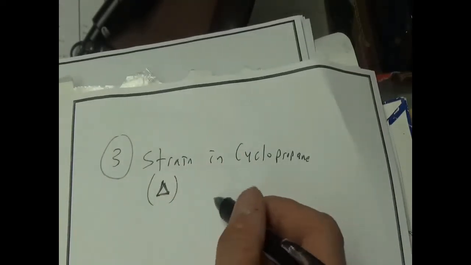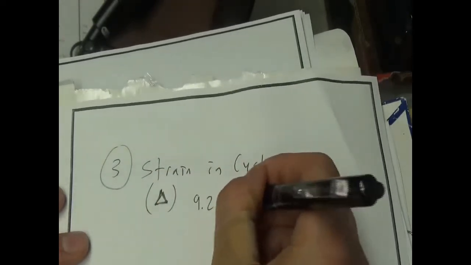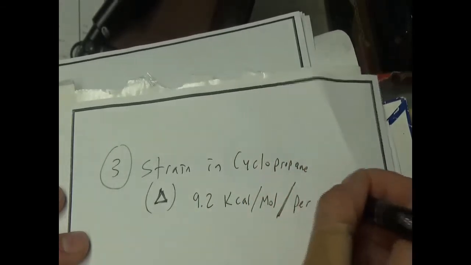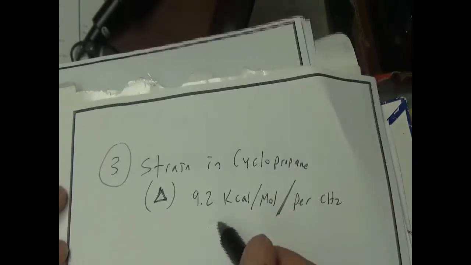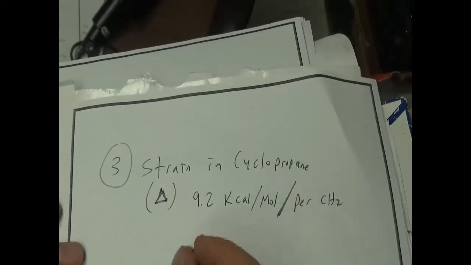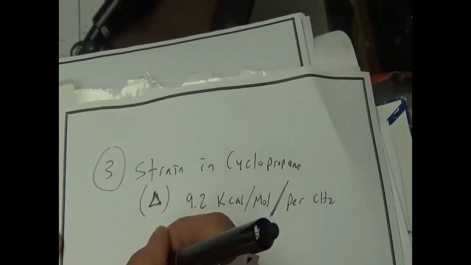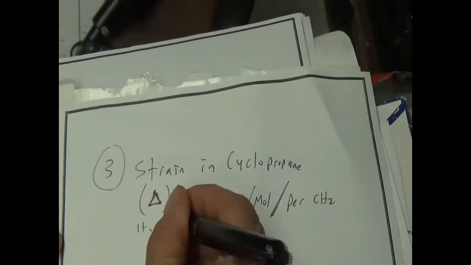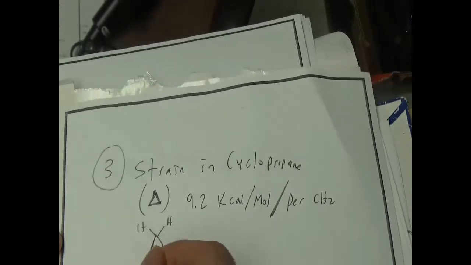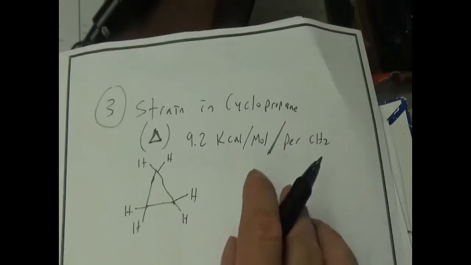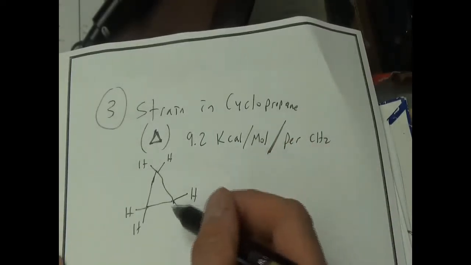If you look back in our table, it's a pretty big number, and it's 9.2 kilocalories per mole per CH2. So of all the ones we saw, that's the biggest energy per CH2. All right, so the way it kind of looks, you've got your 3 CH2s that are bound in a ring, right?